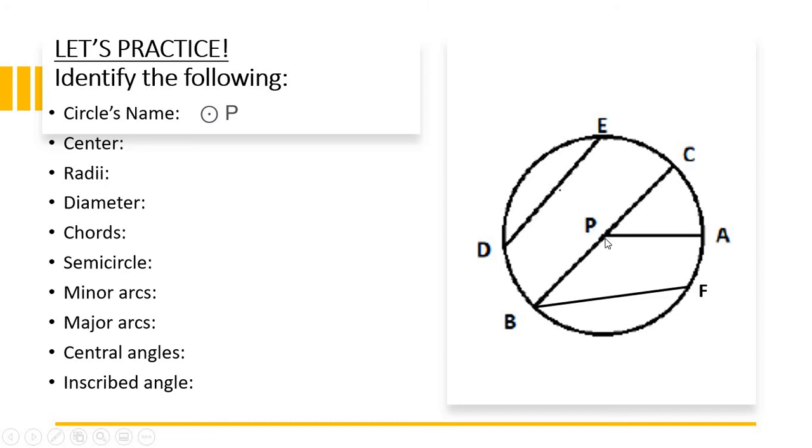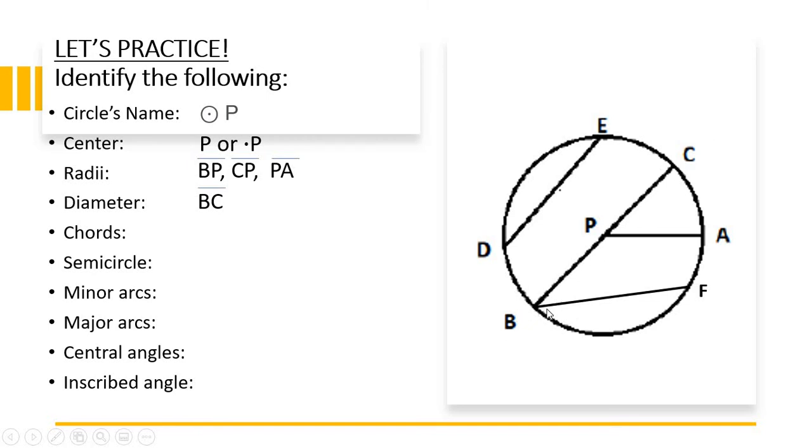So, for this example, it is circle P. Next, how about the center? Of course, the point P. And then the radii. We have the line segment BP, line segment CP, and line segment PA. How about the diameter? So, we only have one here, the line segment BC.